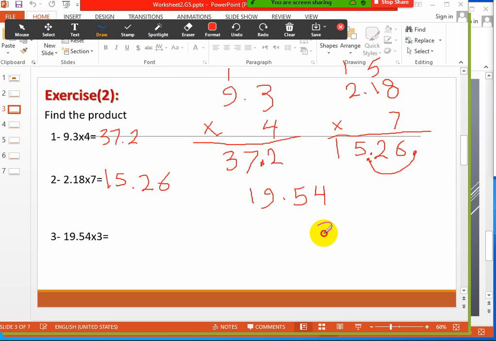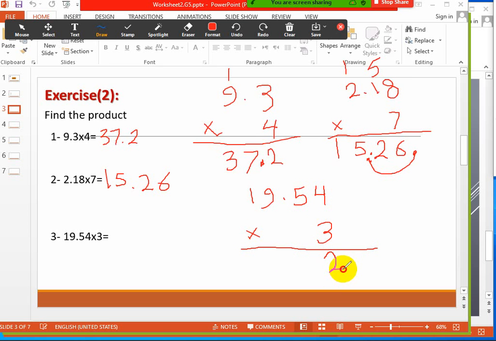19.54 multiply 3. Also, if I want to multiply here, I have to multiply like there is no decimal point. Then I will locate the decimal point after finding the product. Let's start with me, on the chat, please. 3 multiply 4 equals 12. Very good, Wajd.